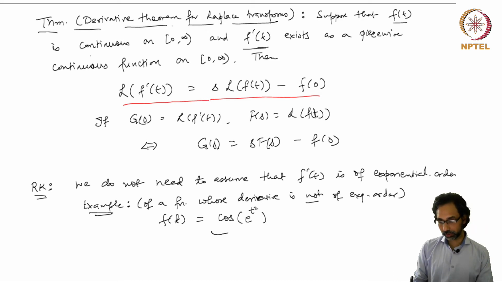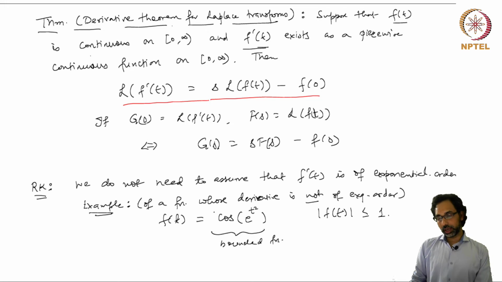Now note that this is a bounded function, because cos is a bounded function. We know that a bounded function is of exponential order. Here our bound for f t can be taken to be simply 1, and so f t is of exponential order.